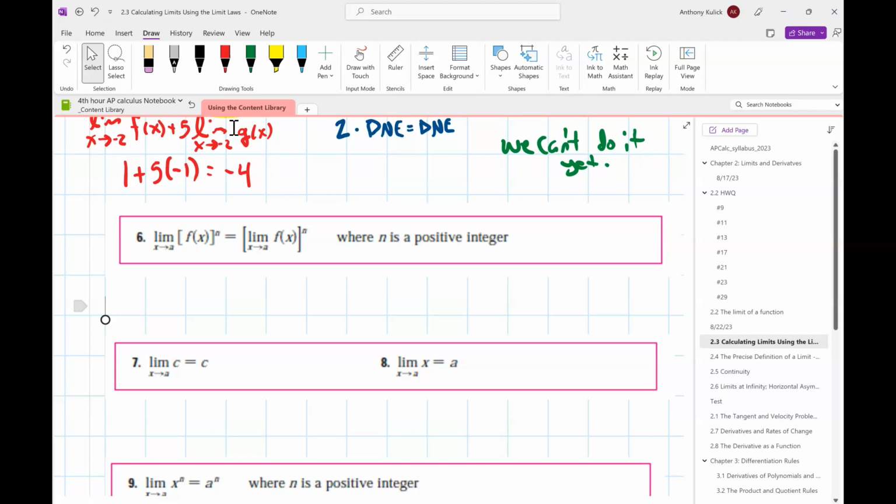If I want to do the limit as x approaches 1 of (x plus 1) to the 54th, I can just take the limit of x plus 1, get that answer, and then raise it to the 54th. That sounds like a much better deal. You know what I'm saying? All right.